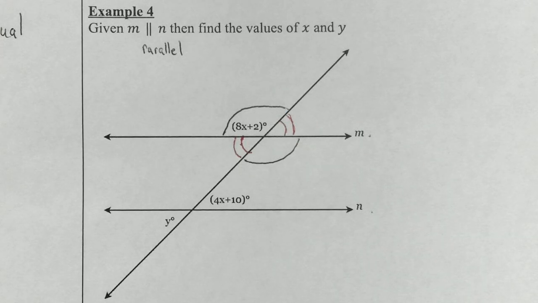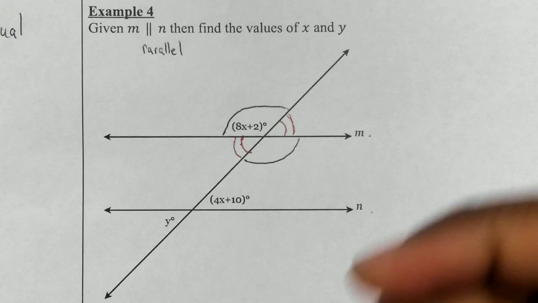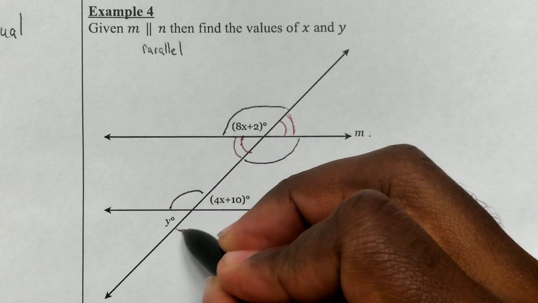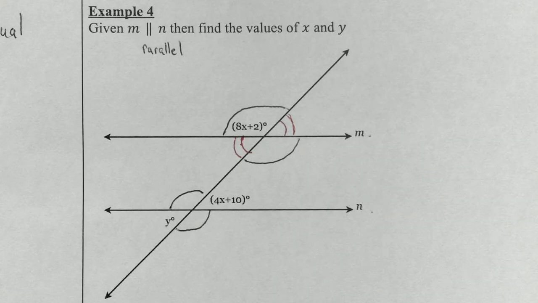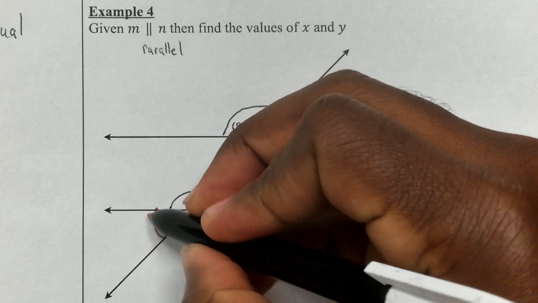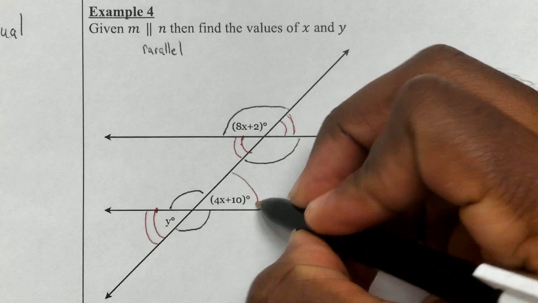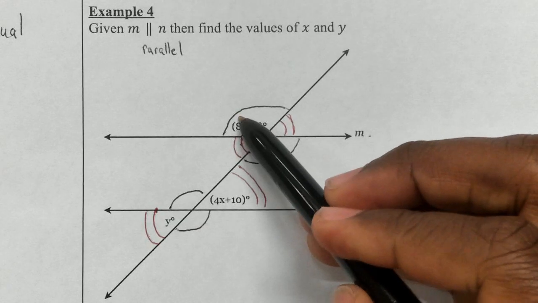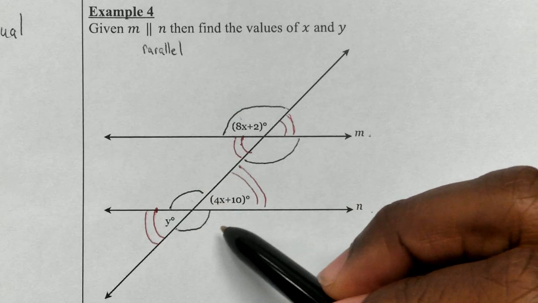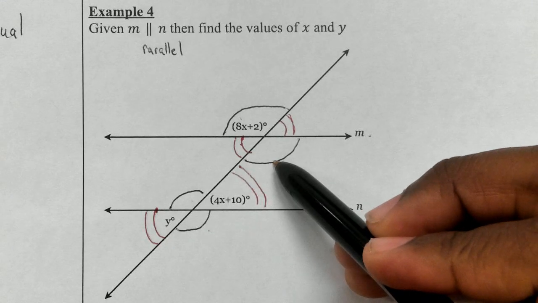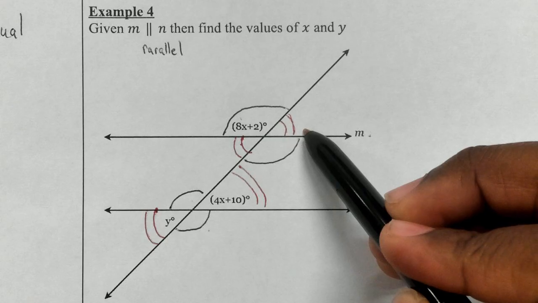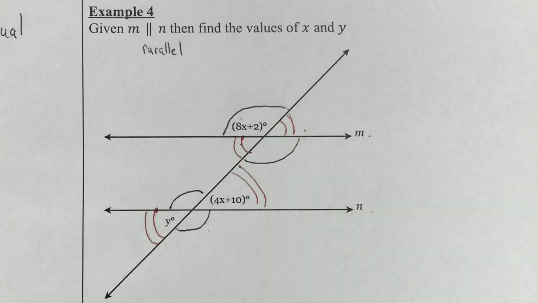And what that also means is that this angle is equal to this angle, and this angle is equal to this angle, okay? And what that also means is that this angle is equal to this angle is equal to this angle, this is equal to this is equal to this, okay? So that's the concept of transversal, okay?